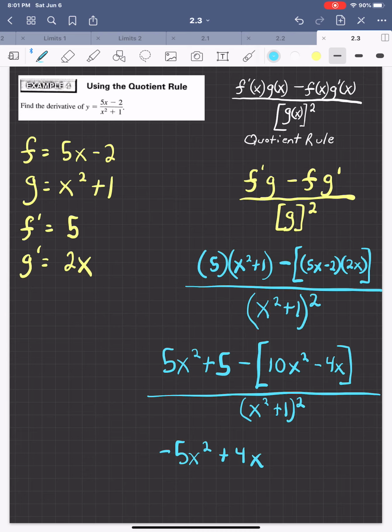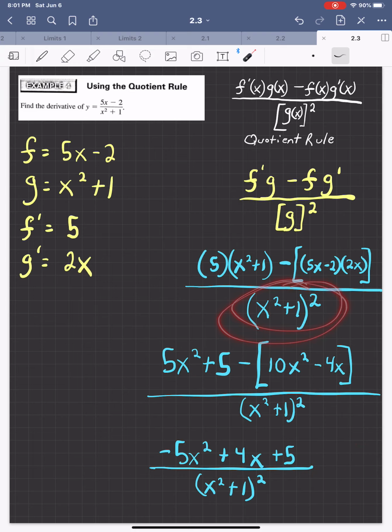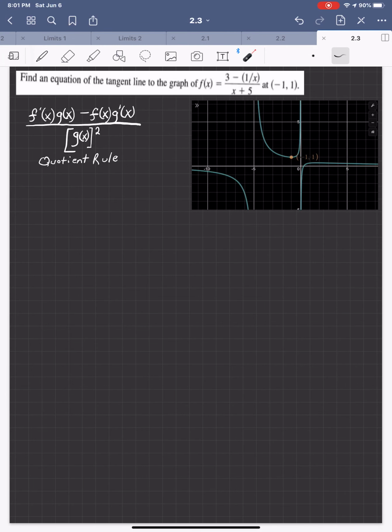And finally, we have plus 5 all over x squared plus 1 squared. Okay, so we're good. I've just seen students FOIL this and then factor it again and then FOIL it back. But at this stage, I'm happy, because right now we're just working on some basic techniques here. All right, next question.